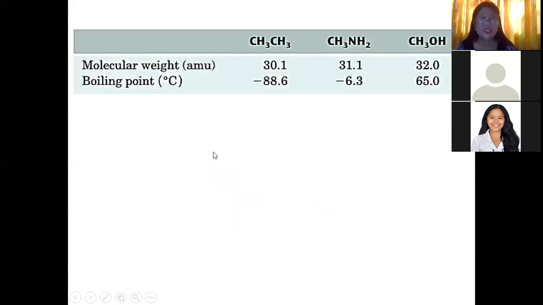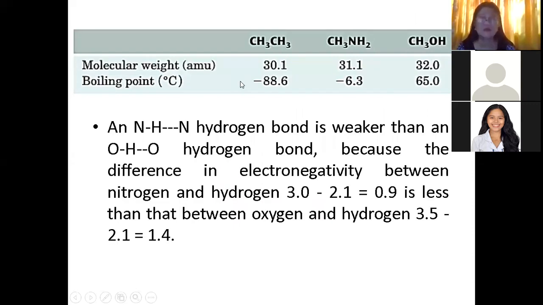So let us look into the boiling points comparison between an alkane, an amine, and an alcohol. This is an ethane. This is a methanamine. This is a methanol or methyl alcohol.